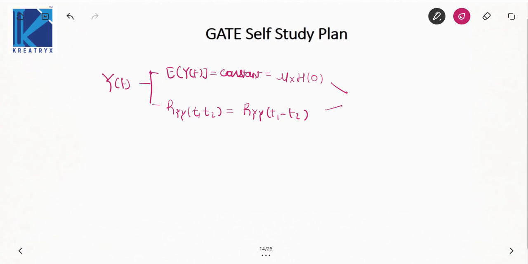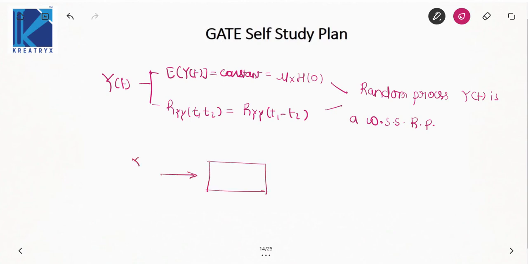Since y of t satisfies these properties, we can say that the random process y of t is a wide sense stationary random process. So we can conclude, if the input of a linear time invariant filter is a wide sense stationary random process, then the output will surely be a wide sense stationary random process.